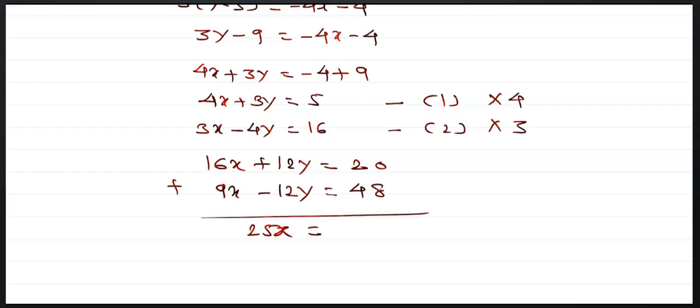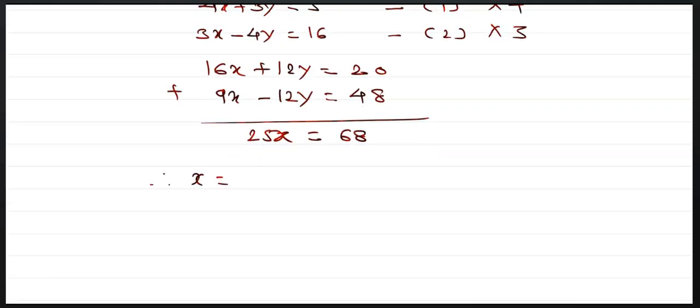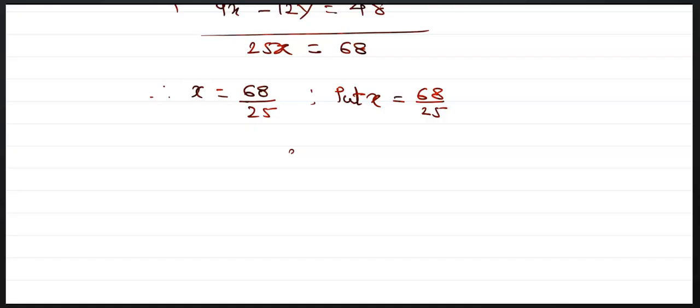Therefore, the point of intersection, that is x equals 68 upon 25. Put x equals 68 upon 25.